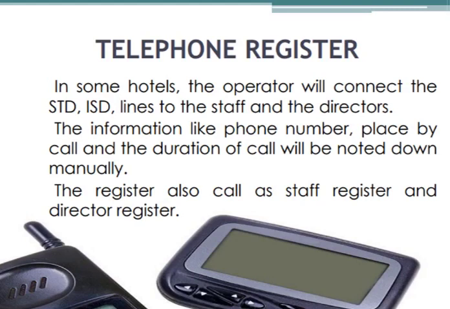Now, in order to get information about the calls, some hotels need to record the telephone call logs, STD and ISD both, which they need to write down manually, stating the number, the duration, the place from which the particular person has called, and at what place he called up.